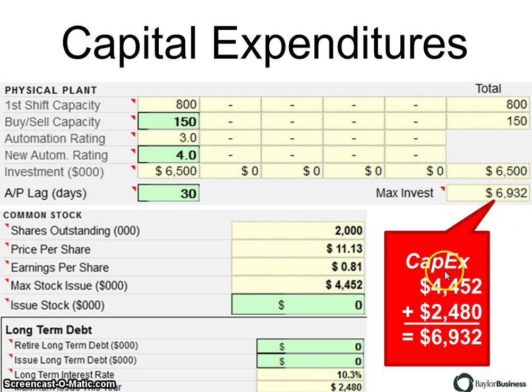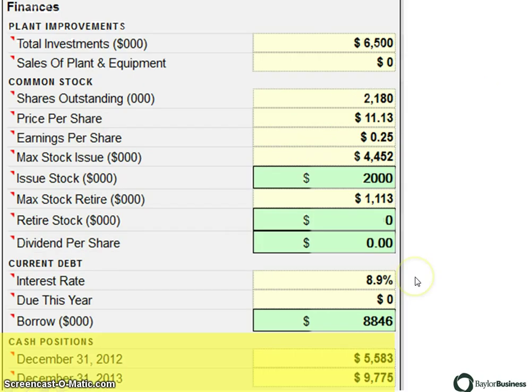And so my CapEx budget is $4.5 million in equity and $2.5 million in debt, which is just shy of $7 million. If I have some cash, I can throw that in and pay for it as well. But if you buy things, the money has to be there. Otherwise, you're going to run out of cash. And so that's how you manage your capital expenditure budget.